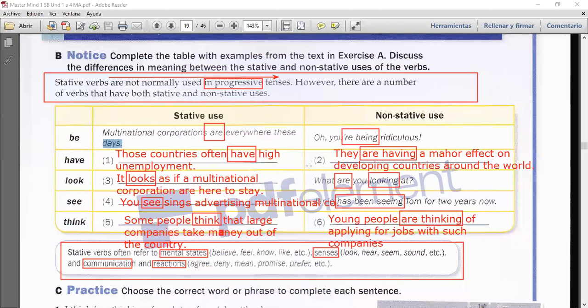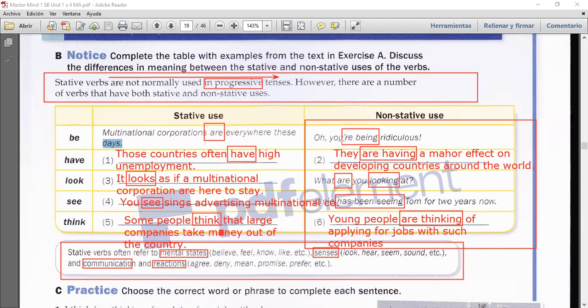But as I told you, it will depend on the context. The context is important to know whether the verb is stative or non-stative.